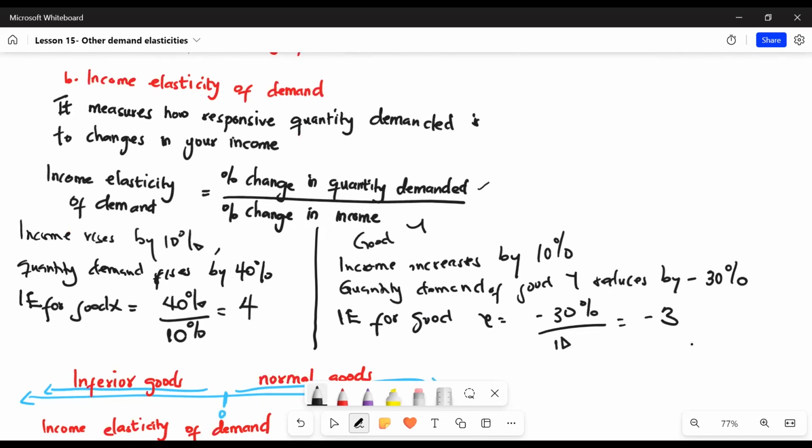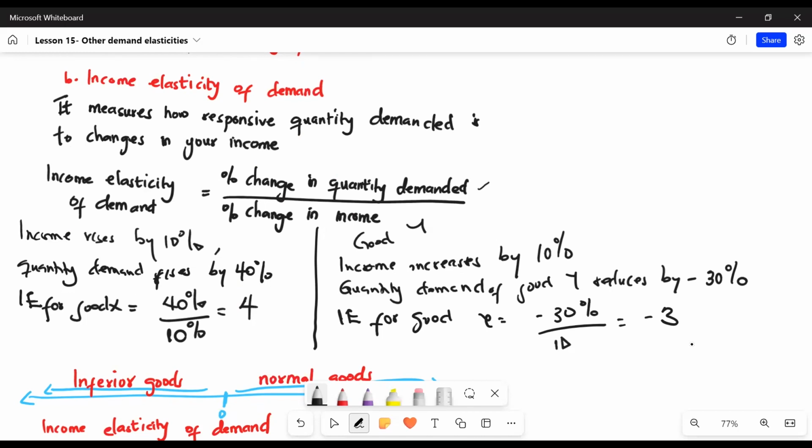Now, just as the sign for the cross price elasticity told us whether the two goods were substitutes or complements, the sign for the income elasticity also tells us something important. That is whether the good is an inferior good or a normal good. If you calculate income elasticity and it's positive, it means the good is a normal good.